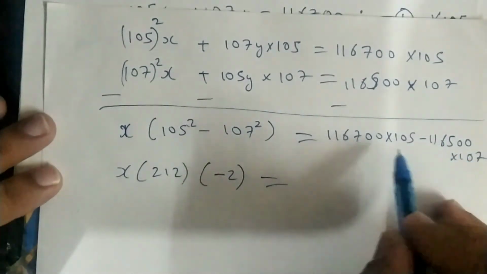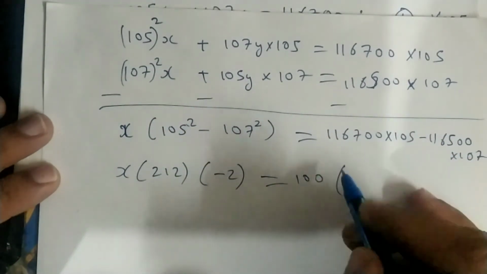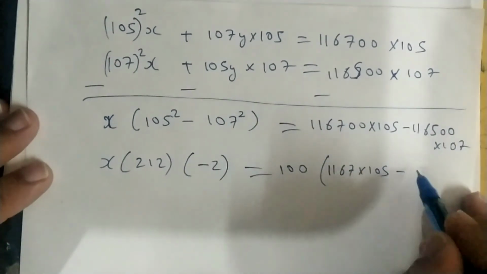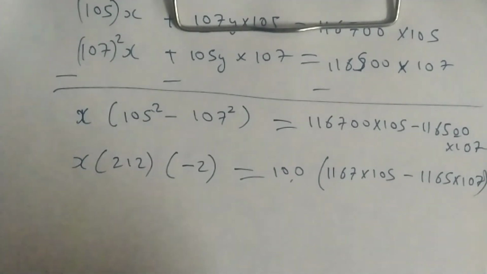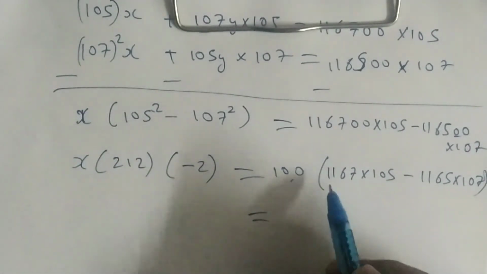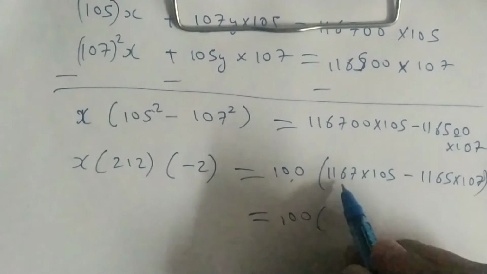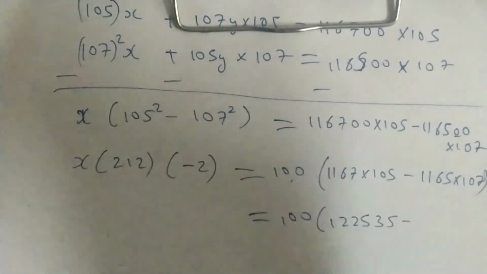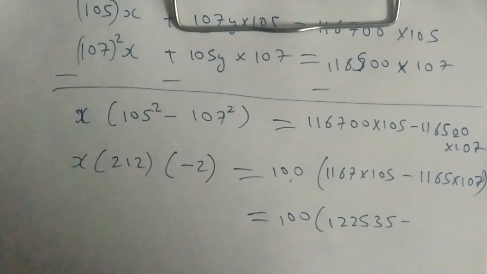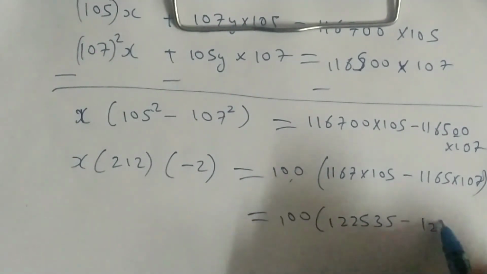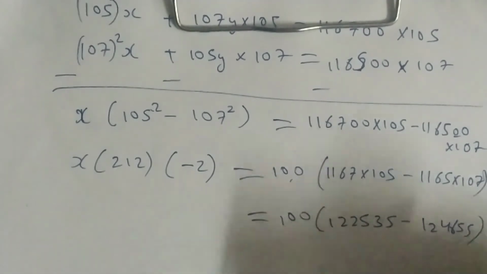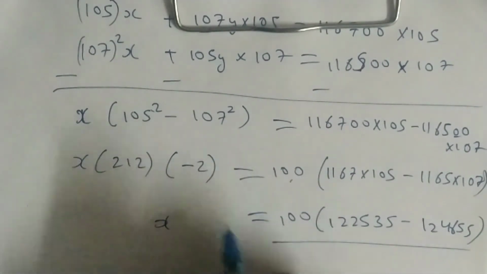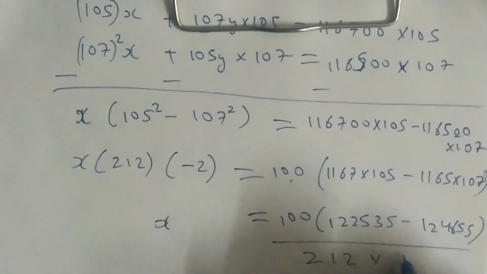From these two we can take 100 as common. 1167 multiplied by 105 minus 1165 multiplied by 107. Okay, when we multiply this, we will get 122535 minus 124655. Here x is equal to this division by 212 multiplied by 2.